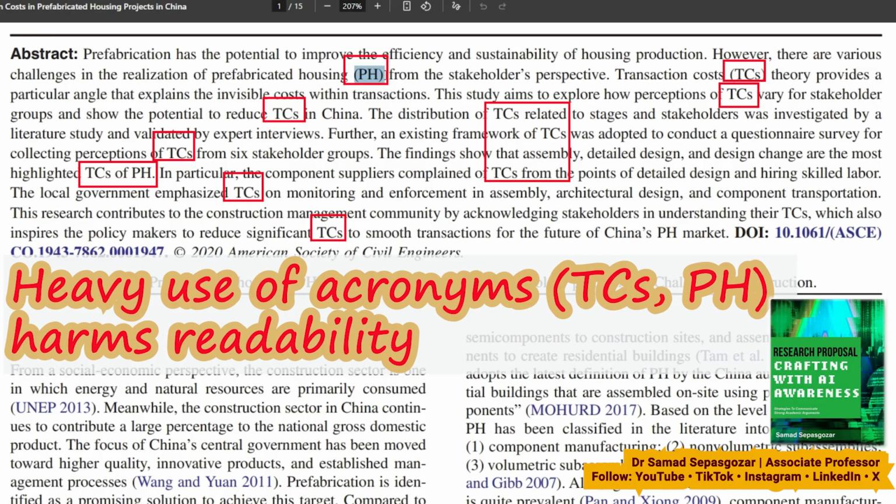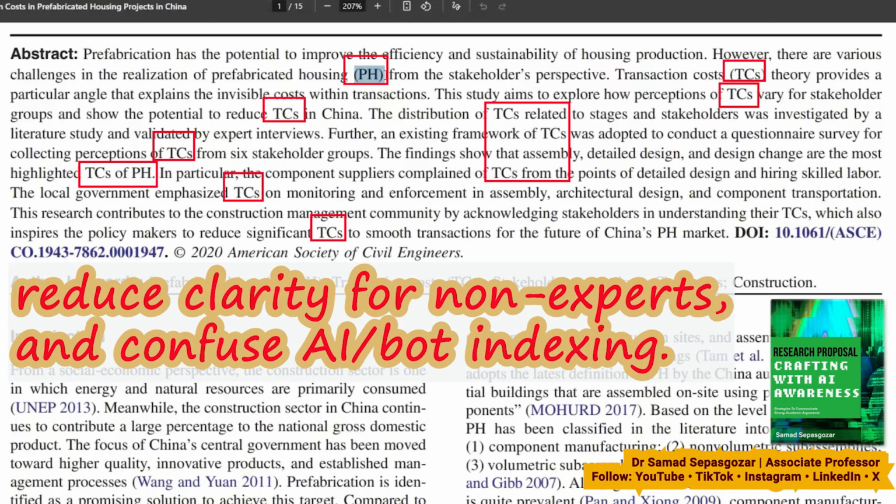As you can see, heavy use of acronyms like TCS and PH harms readability. TCS and PH appear in nearly every sentence, reduce clarity for non-experts, and confuse AI bot indexing. Spelling out the key terms most often would immediately improve readability.